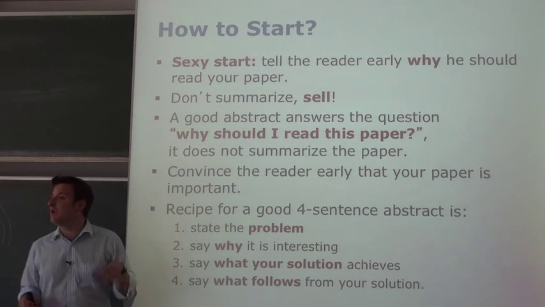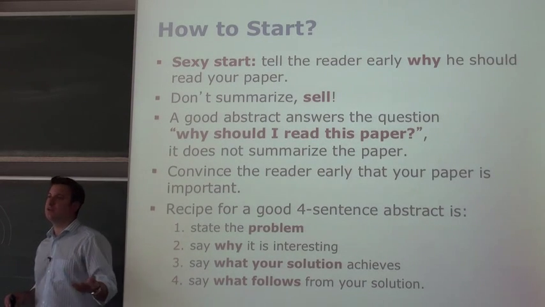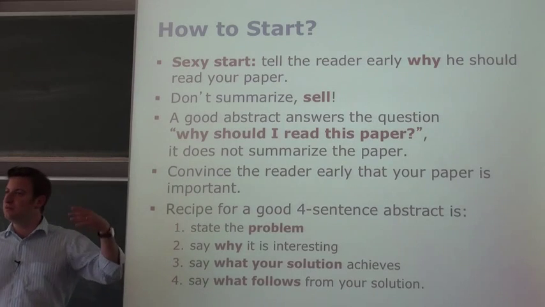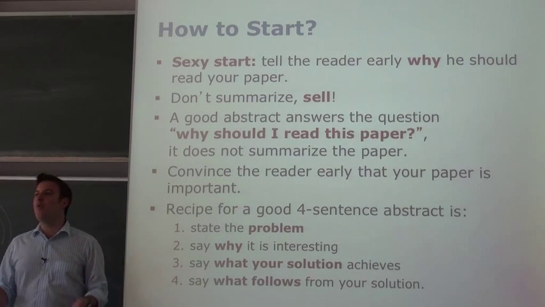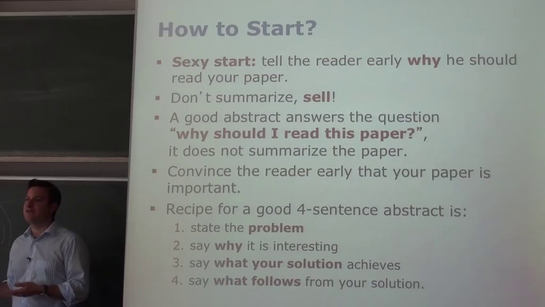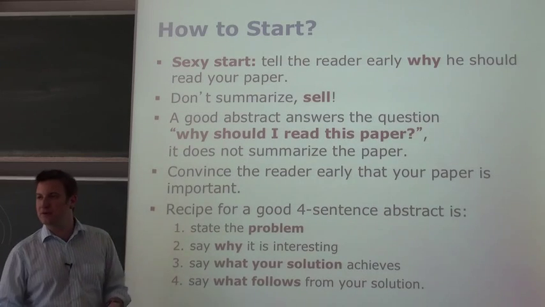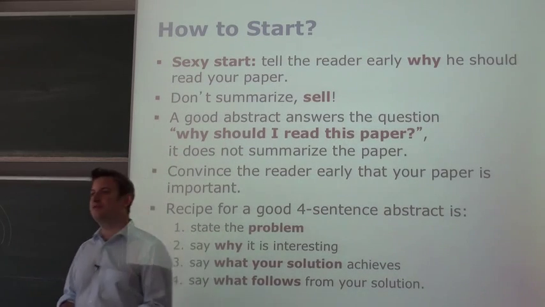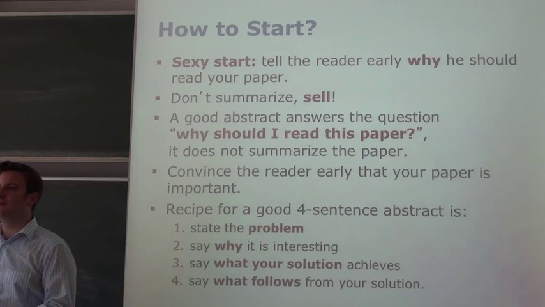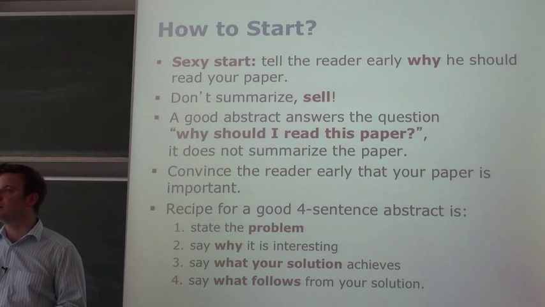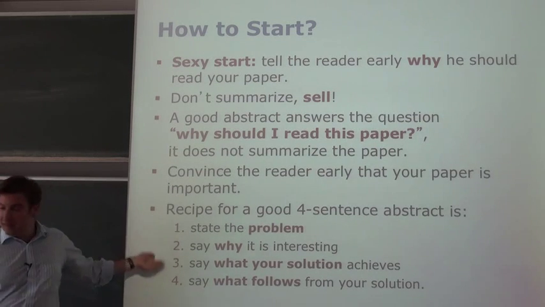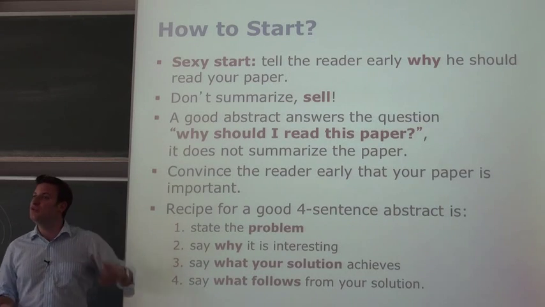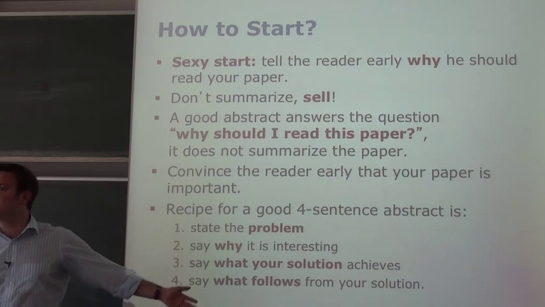And then finally say what follows from that. So this technology enables us to build more accurate maps than we could in the past, or get more accurate 3D reconstructions of buildings than was possible before. You may say this allows new building technology to exploit this technique.